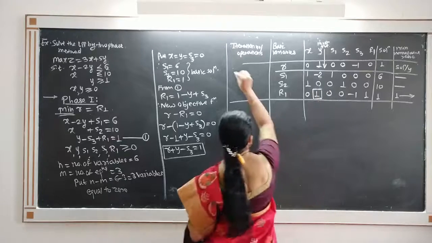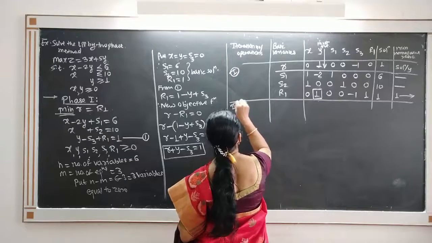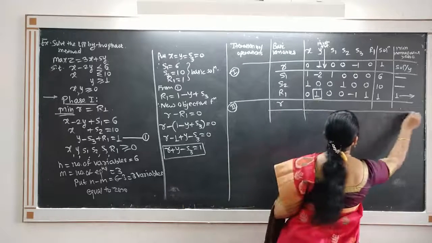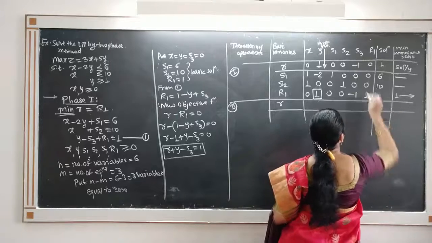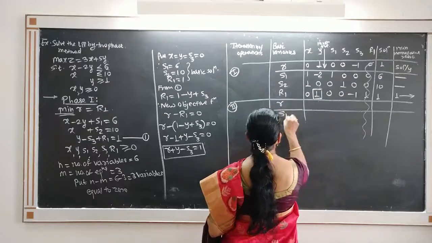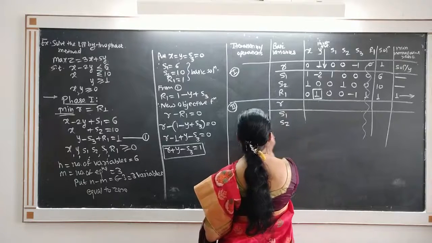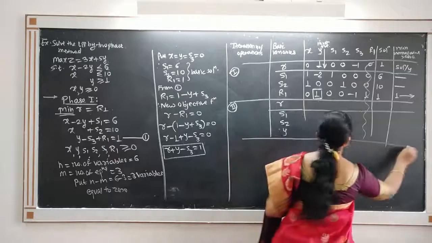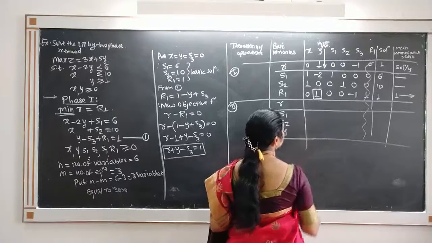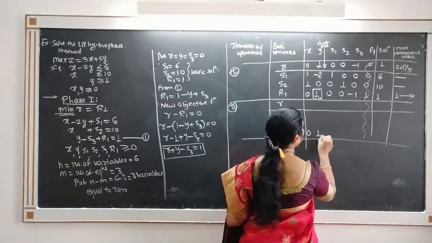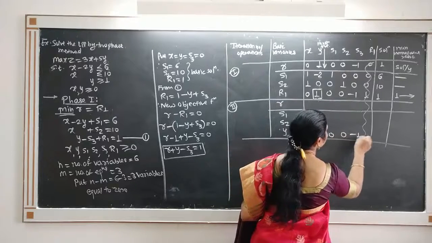So in the next table, in second table, we have R as it is. R1 leaves the solution. S1 as it is, S2 as it is, and instead of R1 now Y comes. So Y enters in the solution and R1 leaves the solution. Because this is 1, there is no need to do operation on this line, it is already 1.